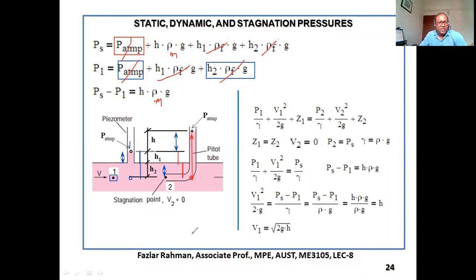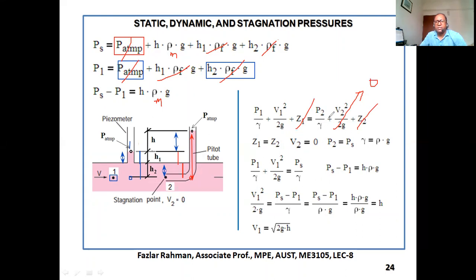Now, if you apply Bernoulli's equation between points 1 and 2, then what are you getting? This is your Bernoulli's equation. At point 2, V2 is 0, Z1 and Z2 are the same, and P2 means PS.